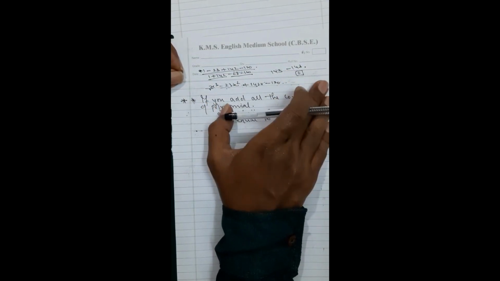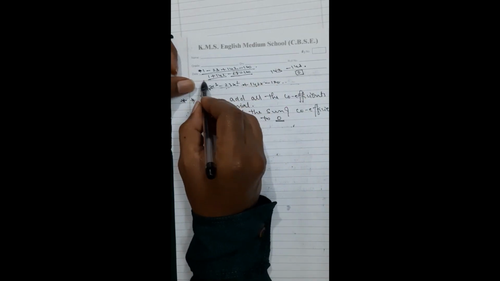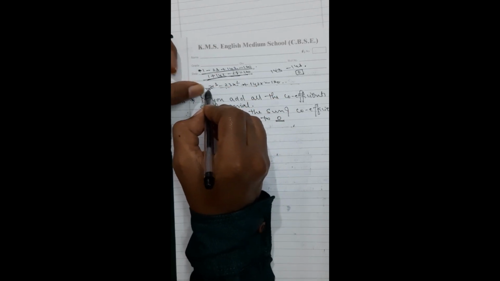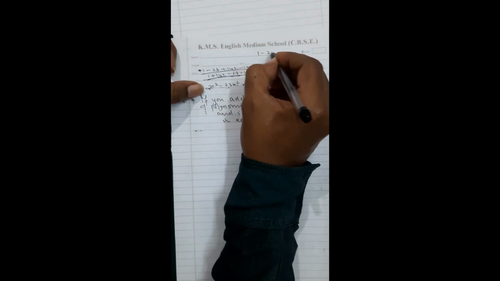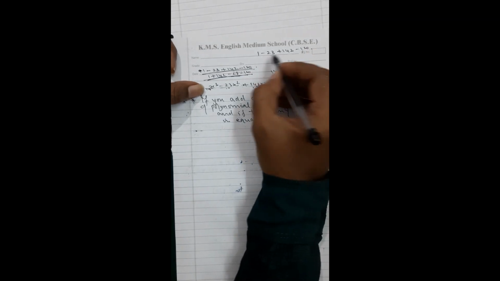This is basically rough work. Don't solve this in the fair copy. I am warning you. You have to add all the coefficients like this, how I did it over here: 1 minus 23 plus 142 minus 120. Solve this.